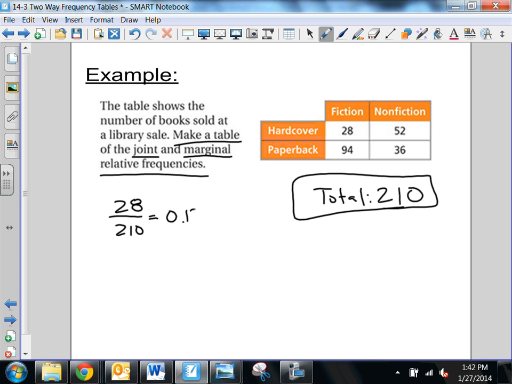Again, 0.13. And then I do 52 divided by 210. 94 divided by 210. And 36 divided by 210. Okay? Now do each one to get the value of each one, and I'm going to round to the 10th place.